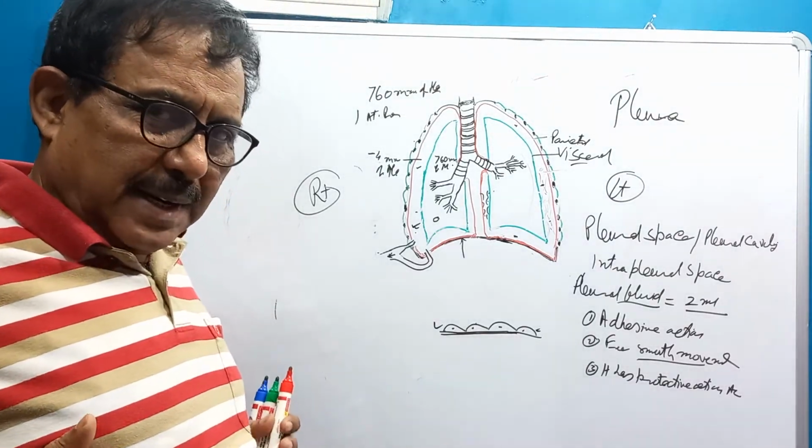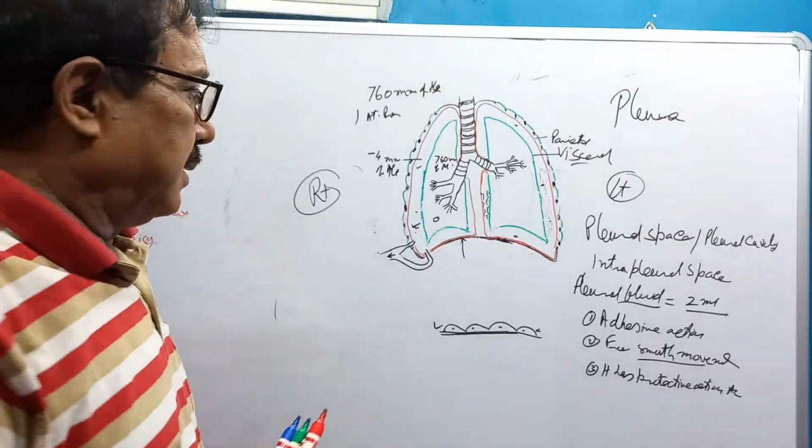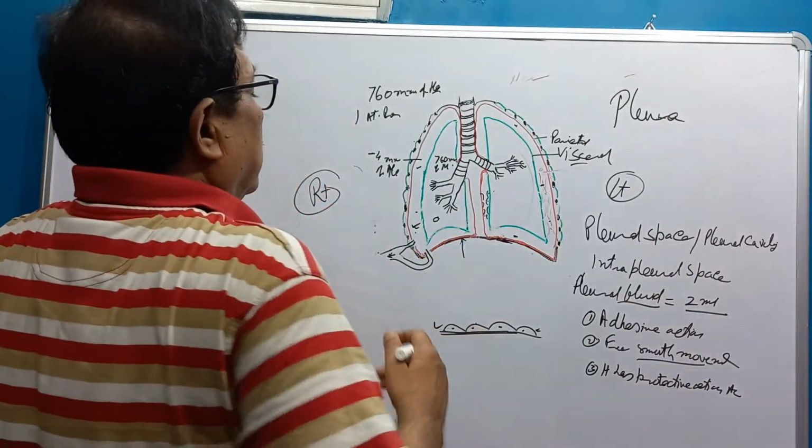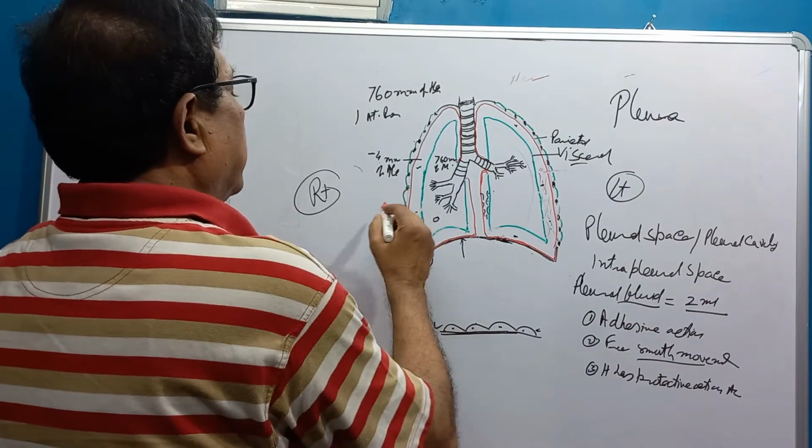This is moving upward and outward, increasing the space, increasing the volume of the thoracic cavity.